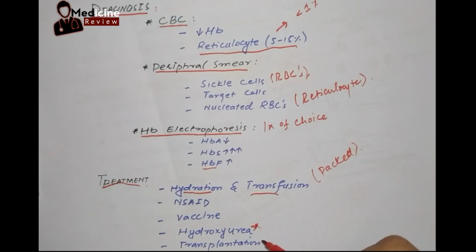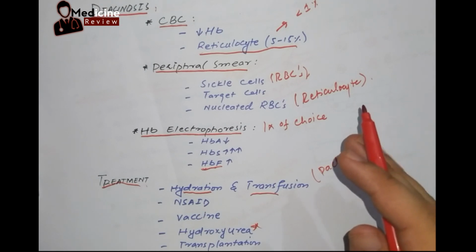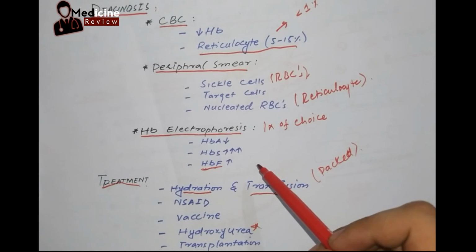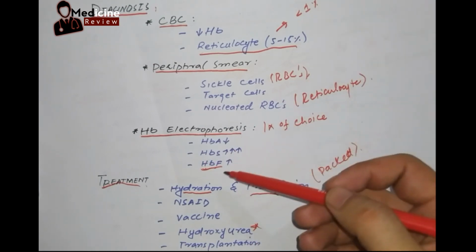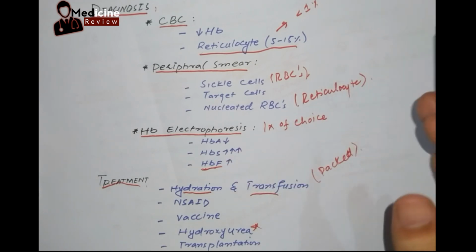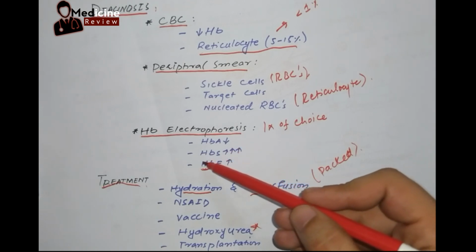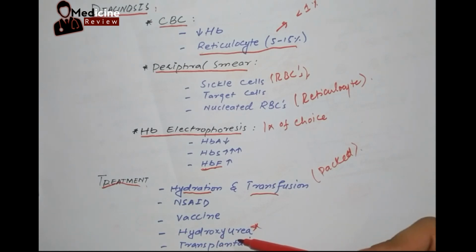The mechanism of this drug is not fully known, but it plays a key role in increasing hemoglobin F. The concept behind this is that we know the hemoglobin A is defective, so we don't want hemoglobin S. Hemoglobin F is also not very good for the patient, but we want hemoglobin F instead of hemoglobin S, so we give hydroxyurea to promote hemoglobin F.